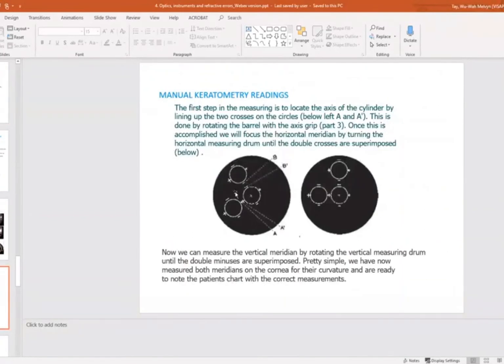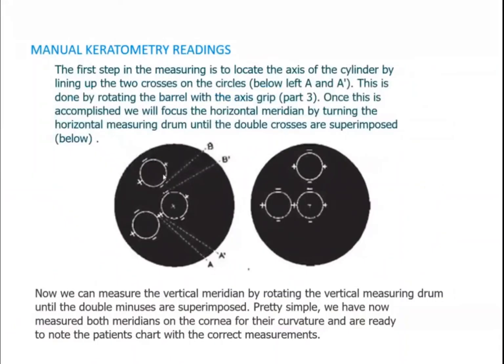Yeah, some reflections like this. Can you see my screen? I can. This is a reflection of what? The images which the instrument is projecting? Yeah, you will see this through the instrument, so it's projected onto the patient's cornea. So you see this as light reflections on the cornea.